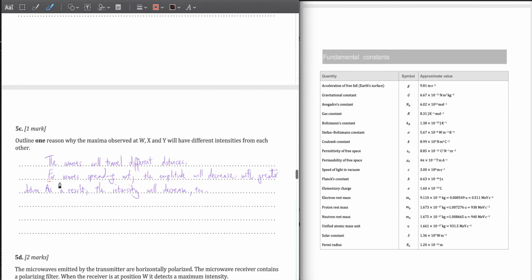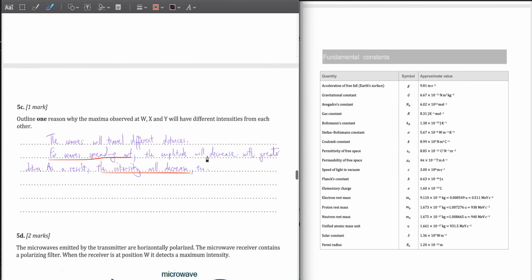We know that for waves spreading out, the amplitude will decrease with greater distance, and therefore the intensity will decrease too. So if we look at those points W, X, and Y, the waves in each case are traveling different distances, and so the intensity will change, and therefore the intensity maxima that we observe are going to be different.